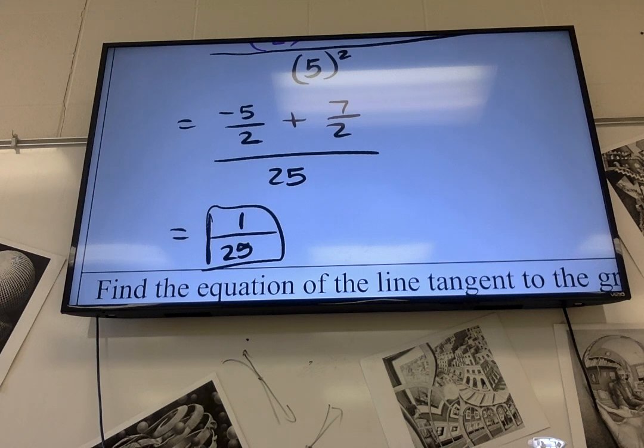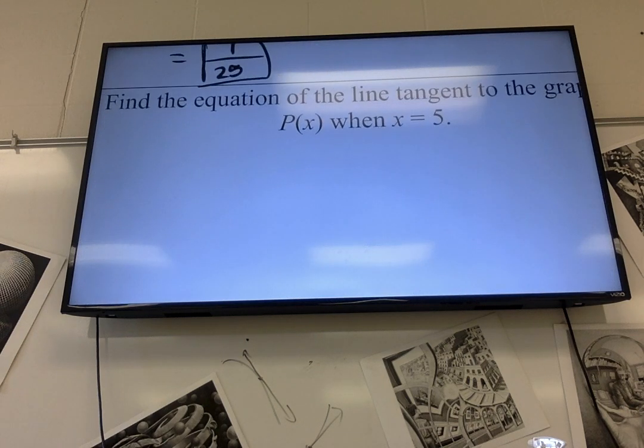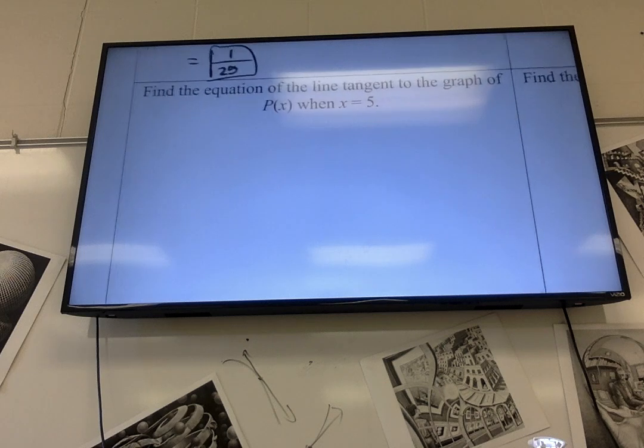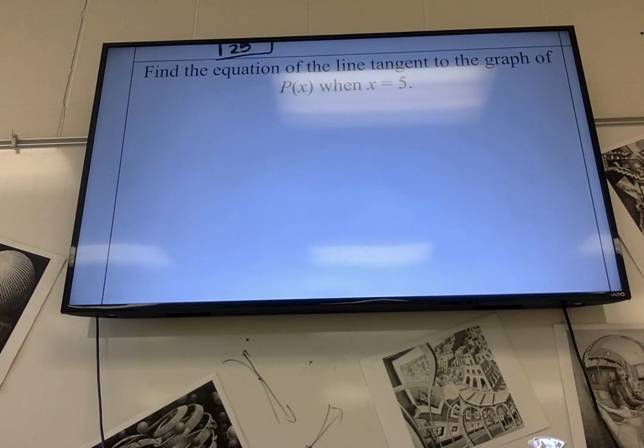So now let's find the equation of the tangent to the graph of p of x when x equals 5. So I need to find p of 5.